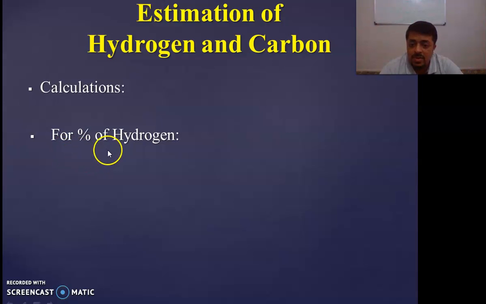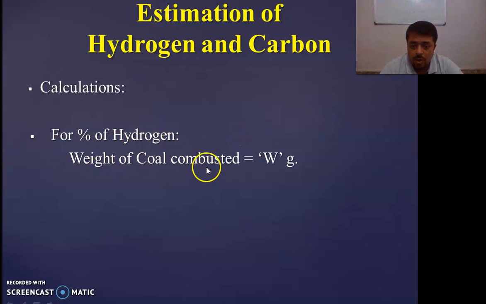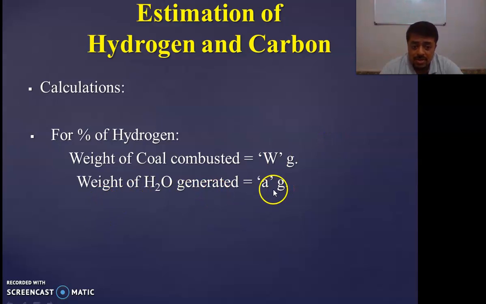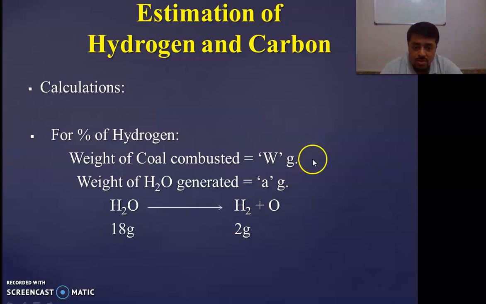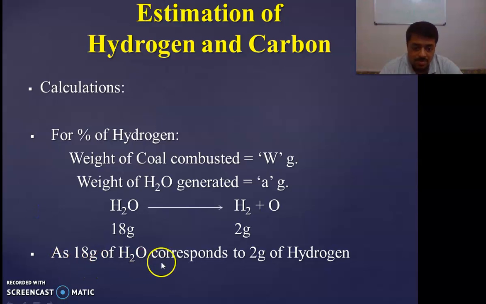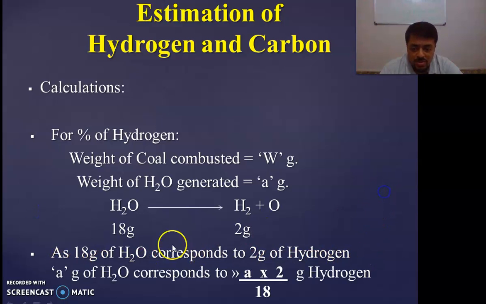To determine percentage of hydrogen, the weight of coal combusted was W grams and the weight of H2O generated is A grams. 18 grams of H2O corresponds to 2 grams of hydrogen.